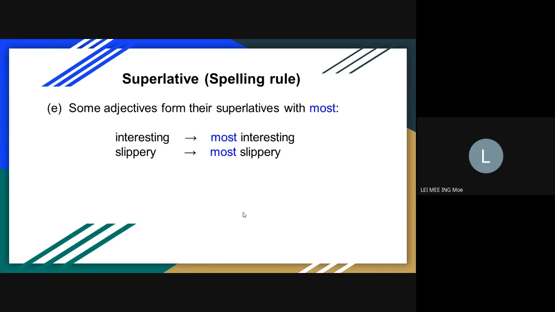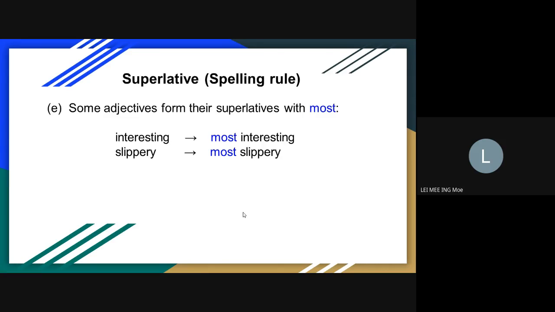All right, so we have 5 rules for superlative. The first one, you plus est. The second one, one syllable, CVC, you double the consonant, you plus est.